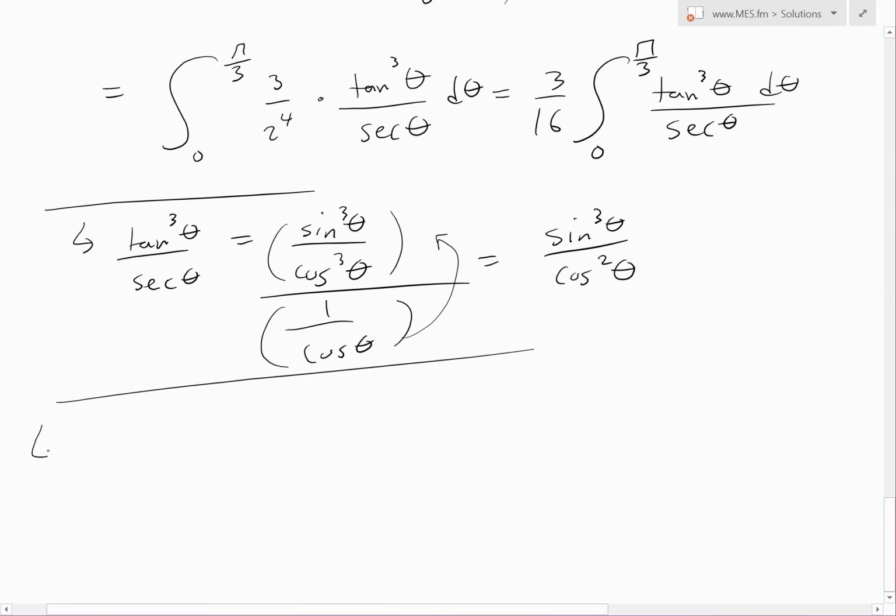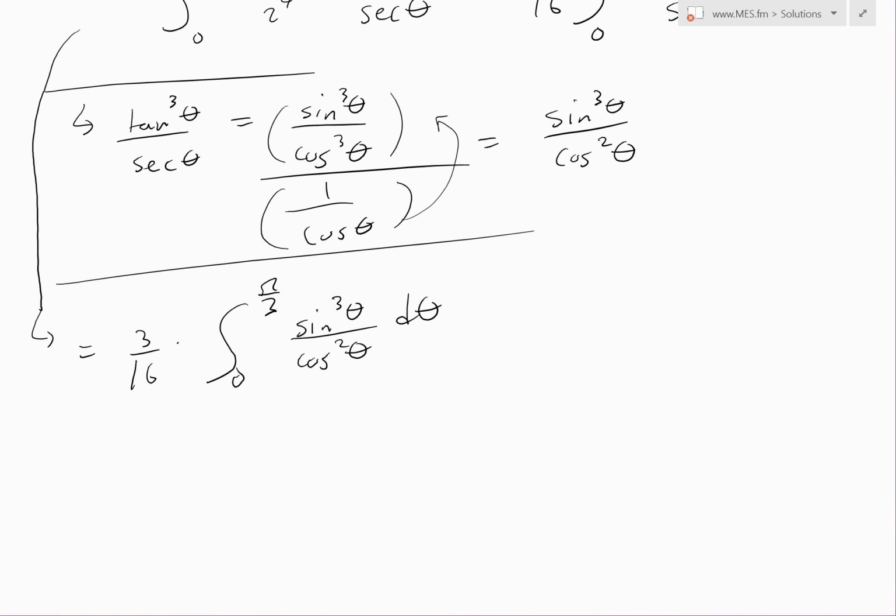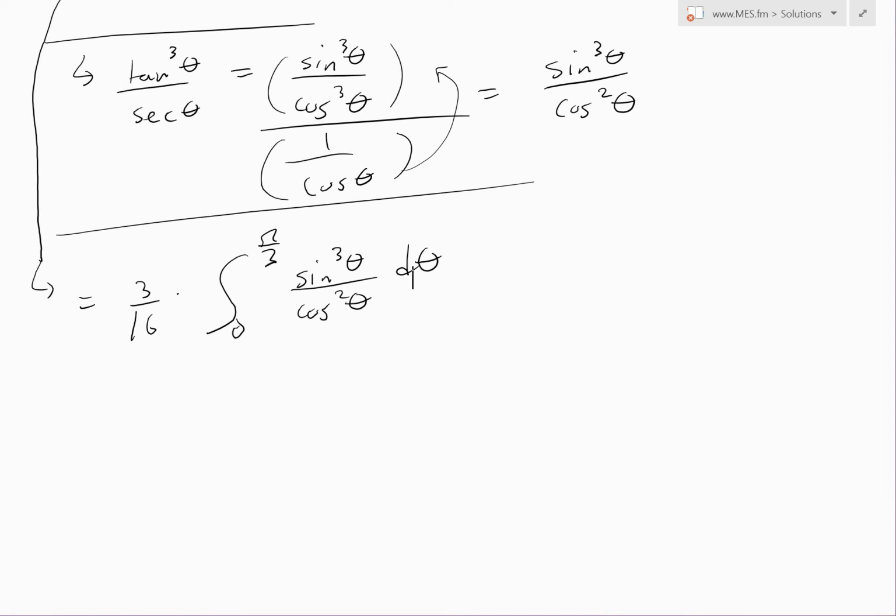So now if we throw this back inside, we get 3 over 16 times the integral from 0 to pi over 3 of sine cubed theta over cosine squared theta d theta. And now notice what we'll do here, because we're going to have to use substitution again, but just regular substitution.